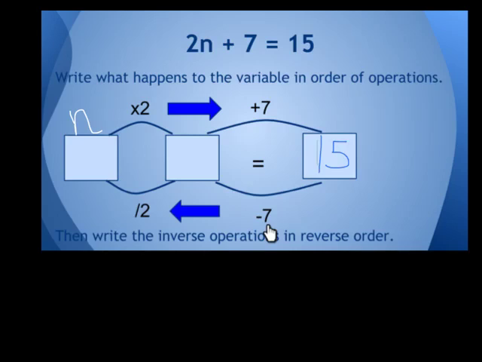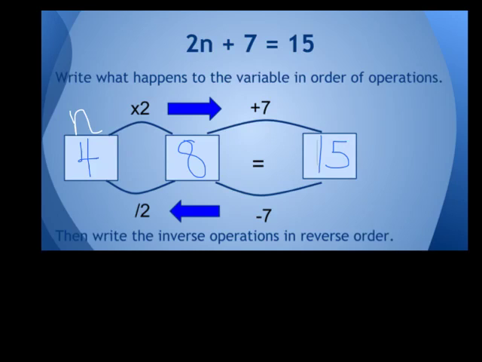And 15 minus 7 is 8. So going backwards from 15, minus 7 is 8. Or before you add 7, it's 8. Now, what we have here says that n times 2 equals 8. So how do you undo times 2? Or what's the inverse of times 2? It's divided by 2. So we're going to think 8 divided by 2, and we get 4 for the value of n.